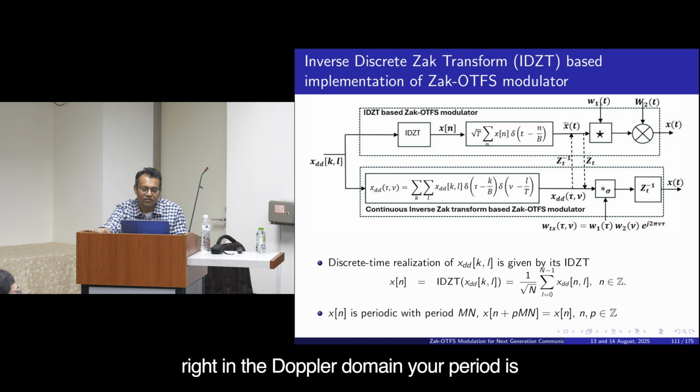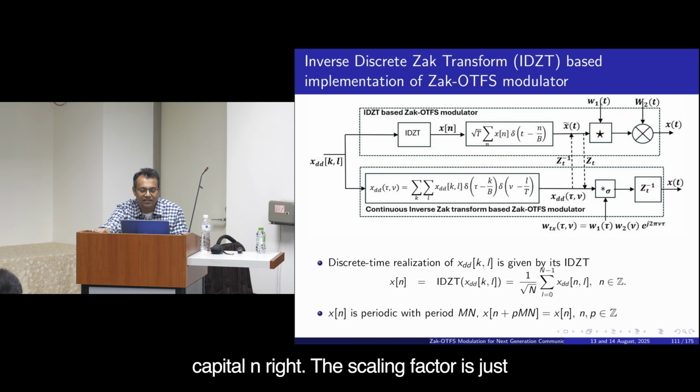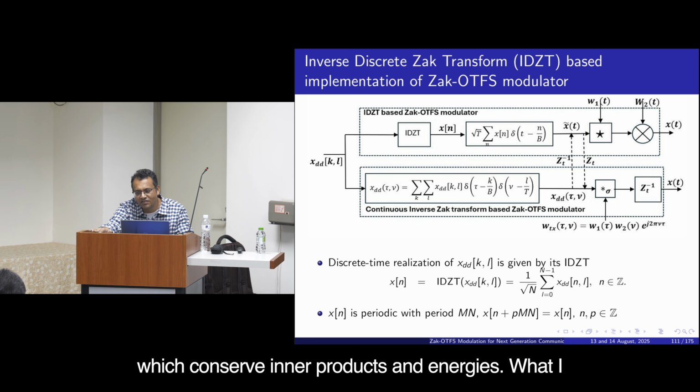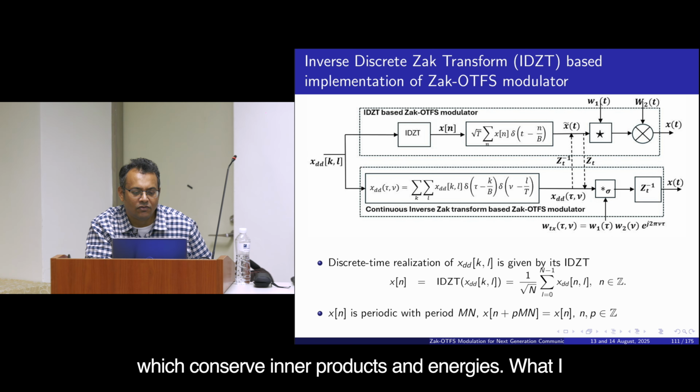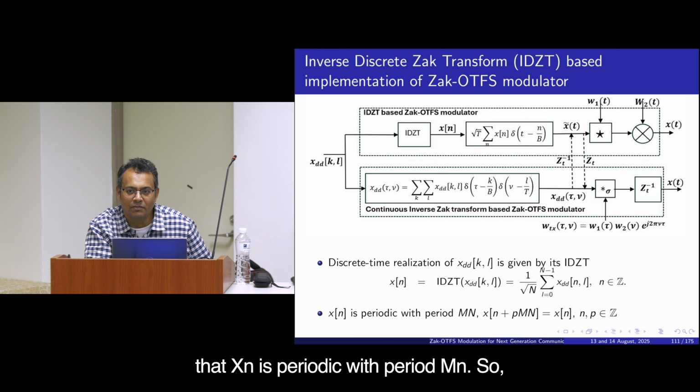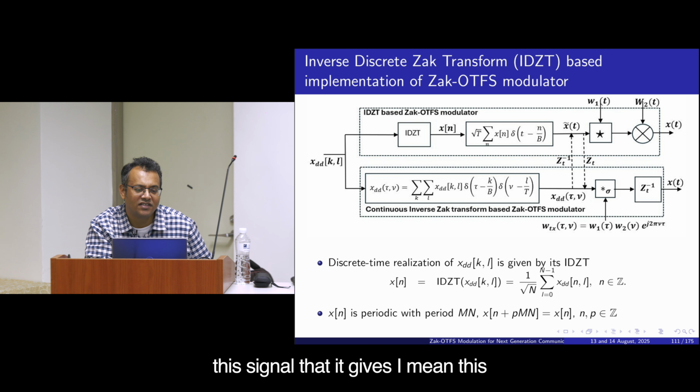In the Doppler domain, your period is capital N, right? The scaling factor is just to make sure that these are unitary transformations which conserve inner products and energies. What I will also show in the next slide is that xn is periodic with period MN. So this signal is quasi-periodic, and this will be periodic.